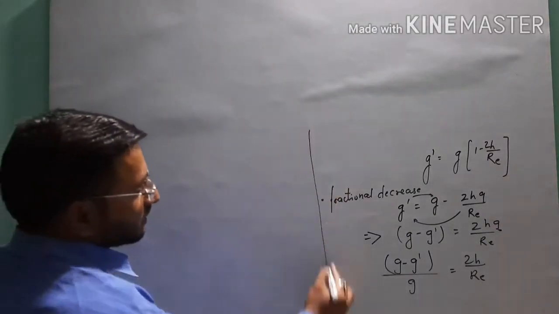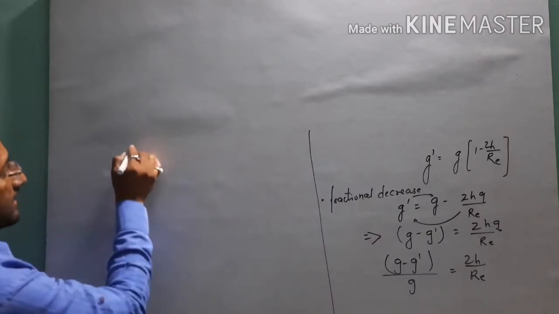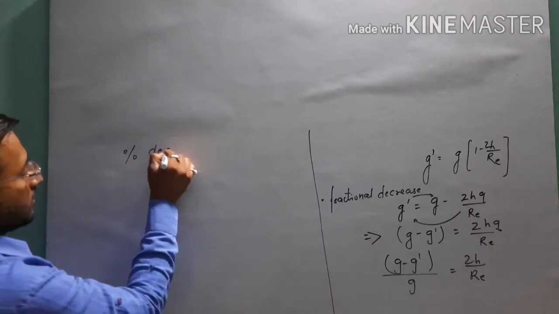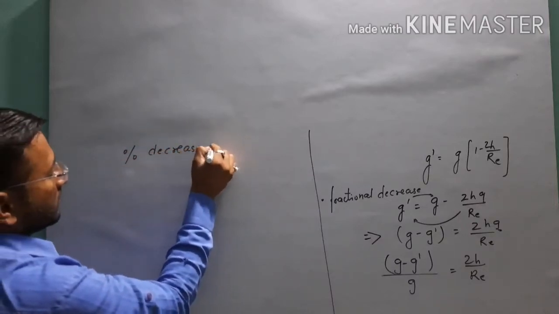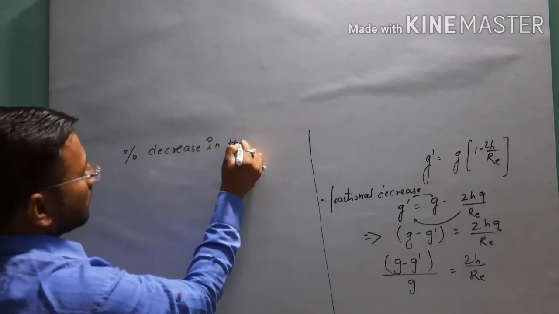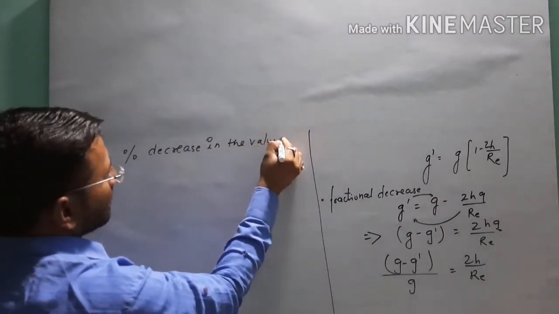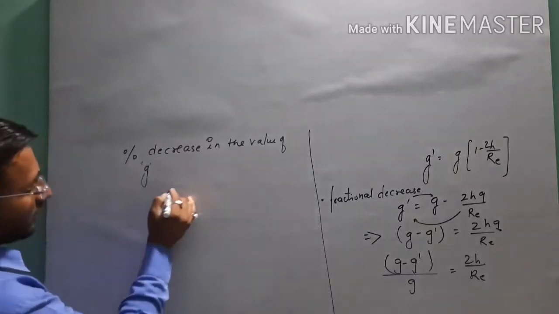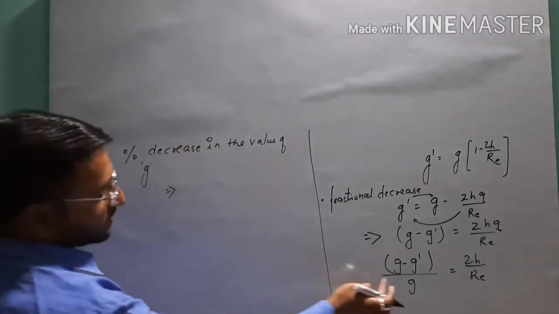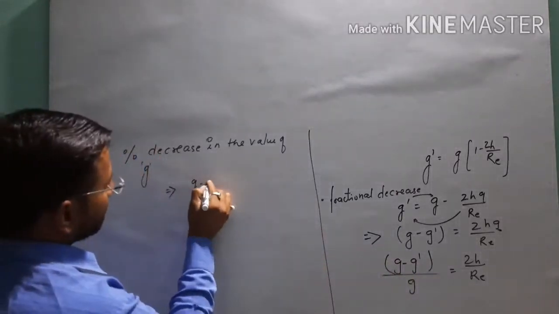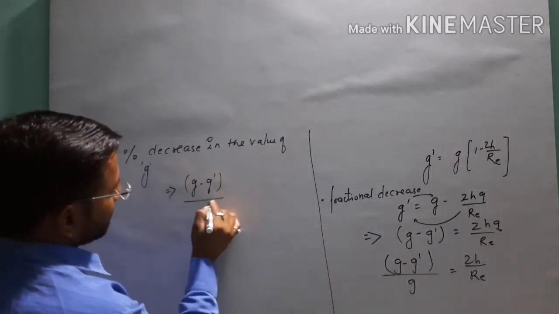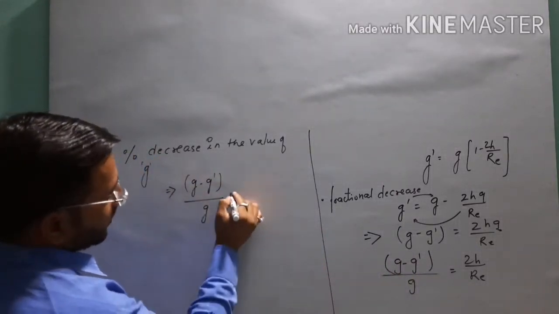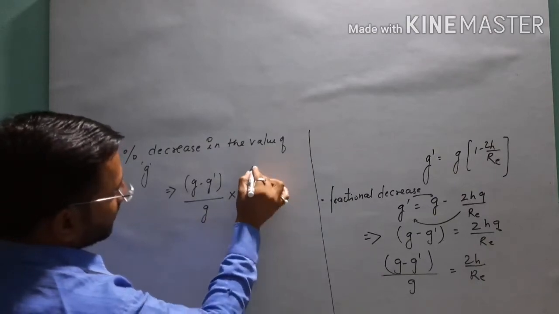Now after that we talk about percentage decrease in the value of g in this case. Percentage decrease means when you write the fractional decrease, multiply by 100%.